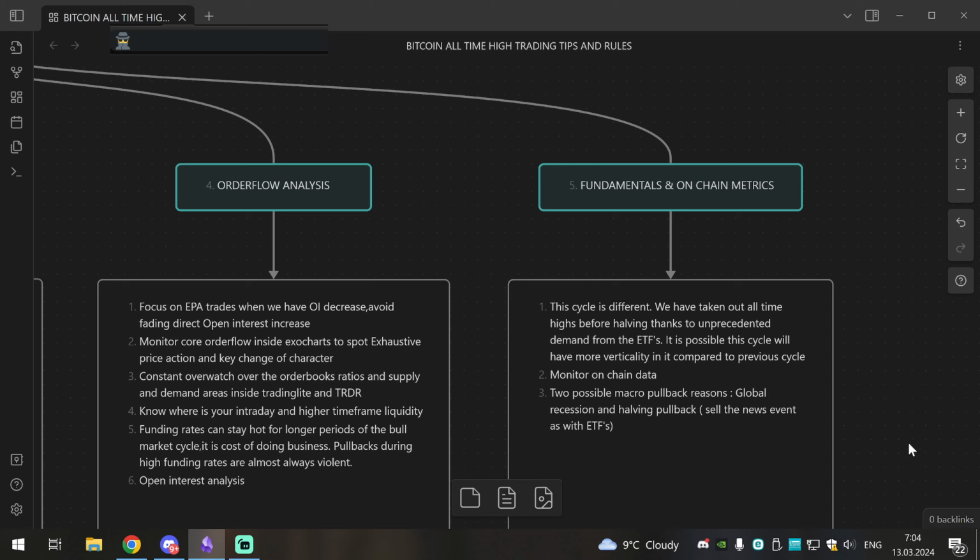They fear there will not be enough Bitcoins. Once the news event comes, same as with the ETF, we can actually get a pullback after that, because people will see, okay, it is still fine to buy Bitcoin, there is enough of them. You can get a pullback out of that, so just be aware of that.